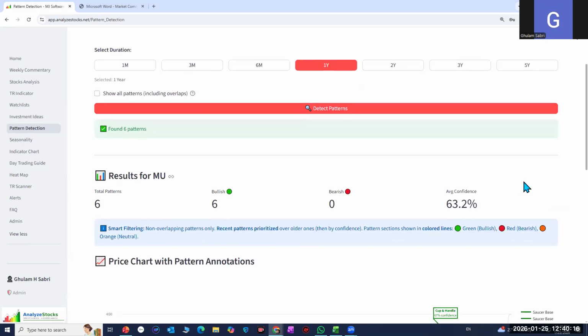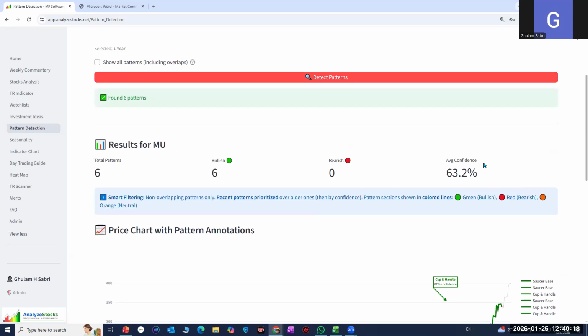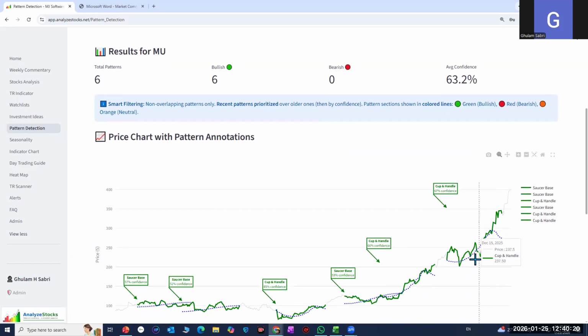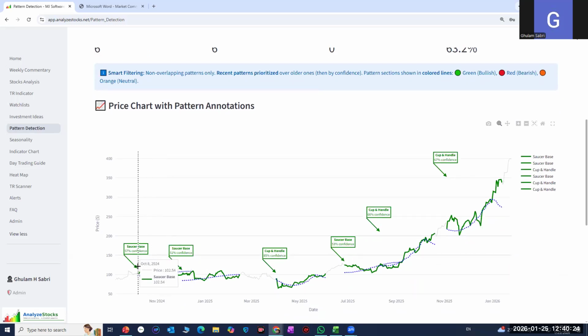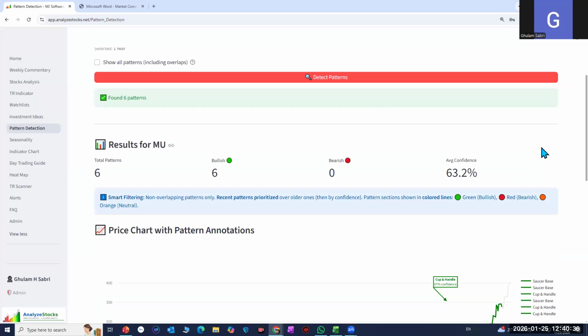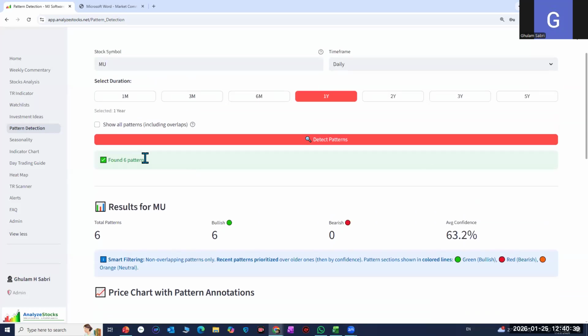Right now, our AI system is telling us it is 63.2% confident on this last particular pattern, average confidence, sorry. These are the bullish patterns it has detected during the last 1.5 years on MU. So you can also utilize this, but that will be too much for new customers, so I don't want to go into these details. It found 6 patterns.